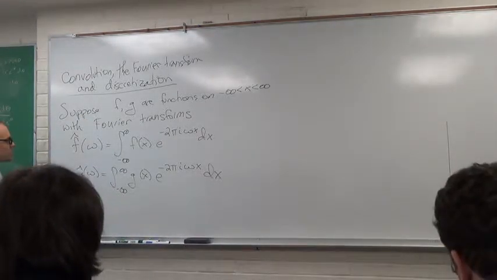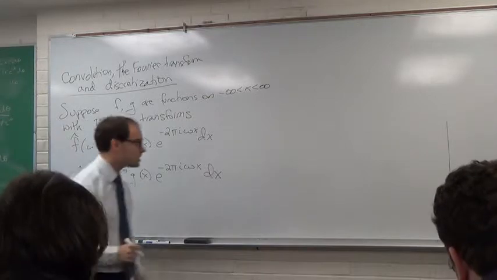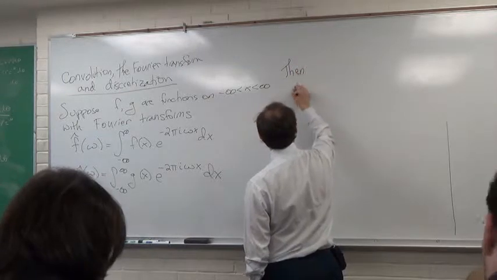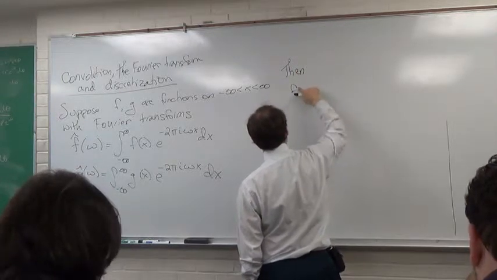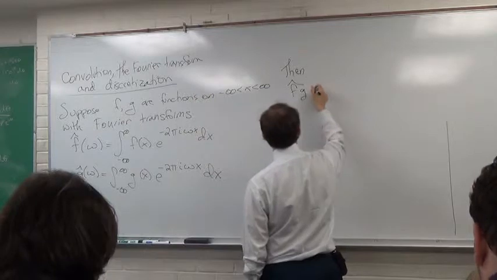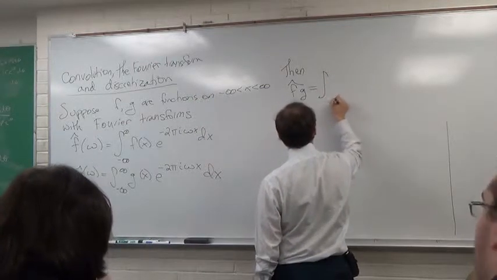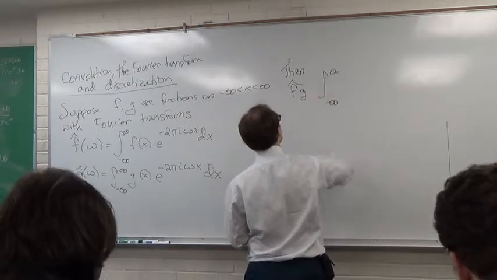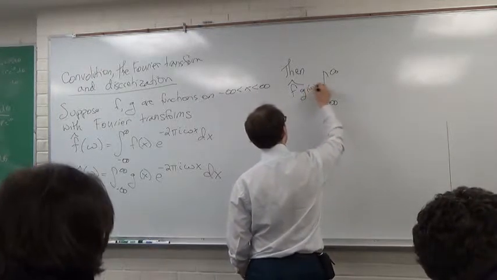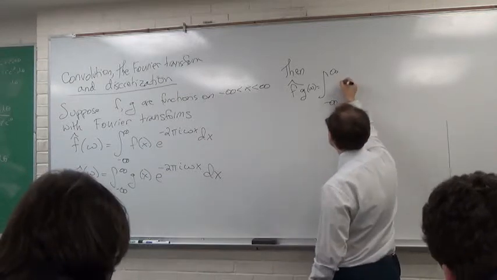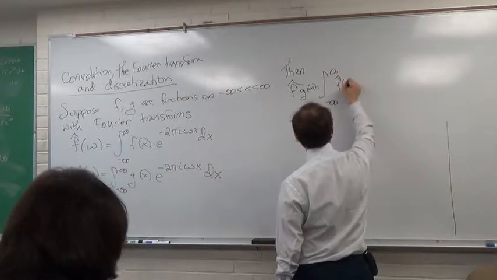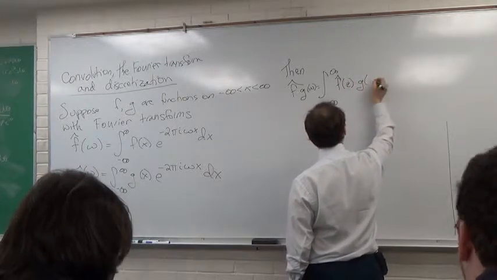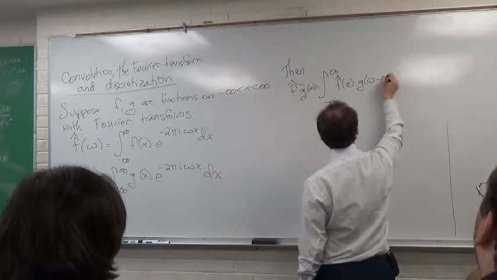Then what we're going to do is take a look at the Fourier transform of their product. So then the Fourier transform of f g is going to be a convolution, and I should expose the fact that this is a function of omega. And this is going to be the convolution of their Fourier transforms, f hat, g hat of omega minus.